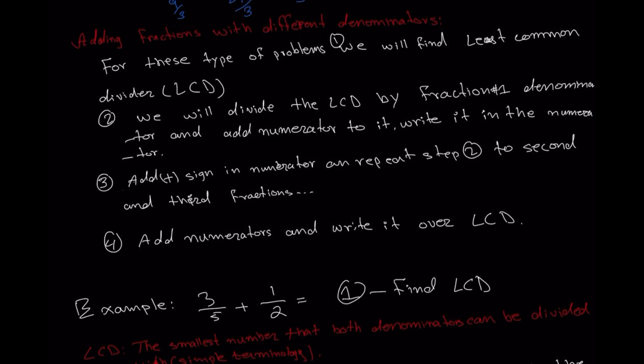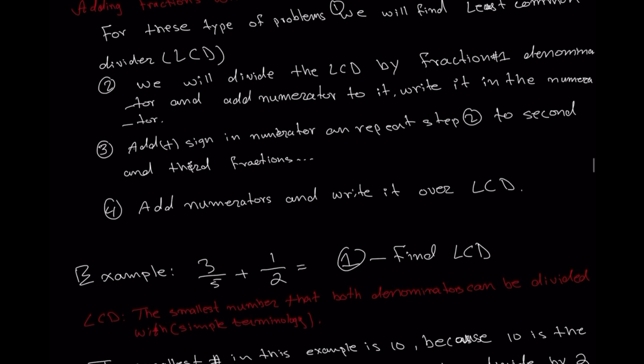Then add the plus sign between the fractions, and repeat step 2, which is divide that LCD by the second denominator, multiply by the numerator, and write it down as a second term on the numerator. And the fourth step is add the numerators and write it over LCD.